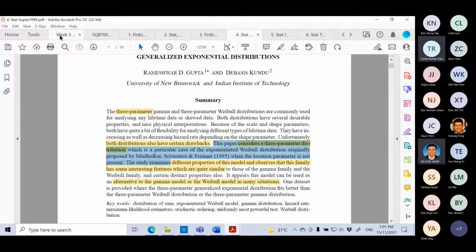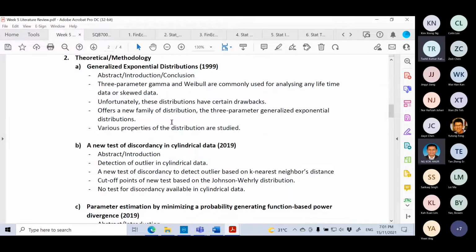Okay, so I have mentioned that unfortunately these distributions have certain drawbacks. But if you want to know the drawbacks clearly, then we need to discuss what the drawbacks are. They need to discuss that in their introduction. Okay, then after that, in this paper, they offer a new family of distributions, the 3-parameter generalized exponential distribution. Okay. So this is here.